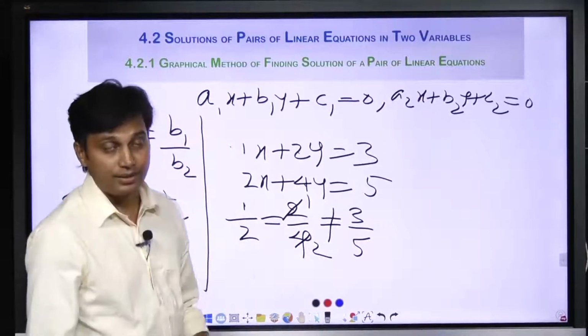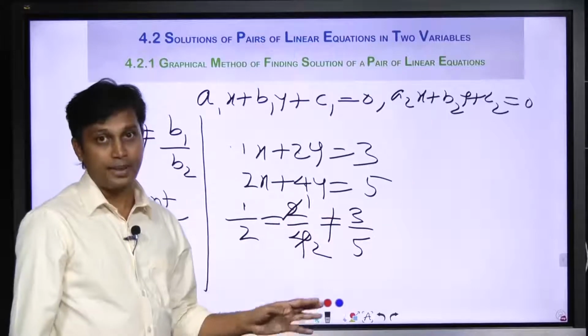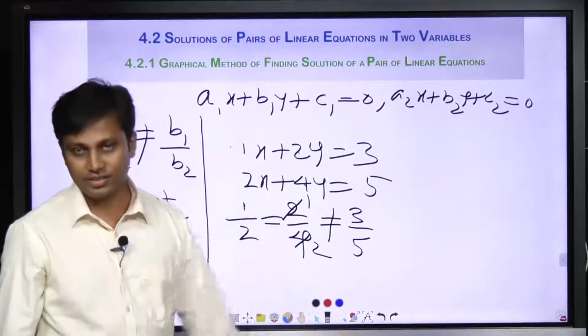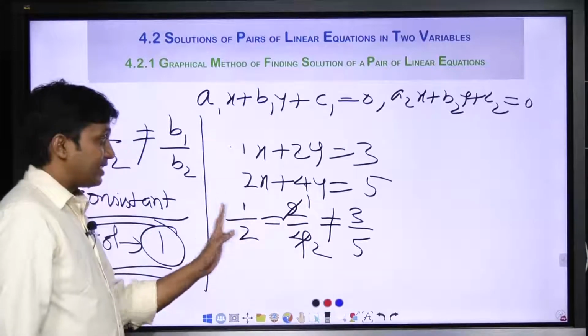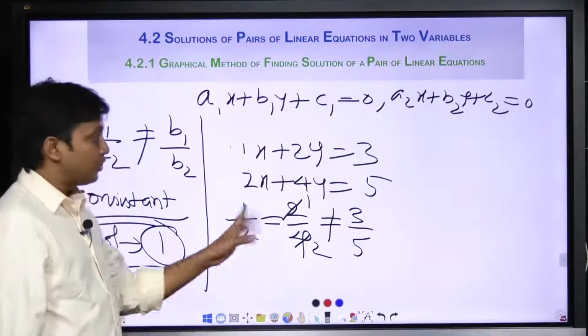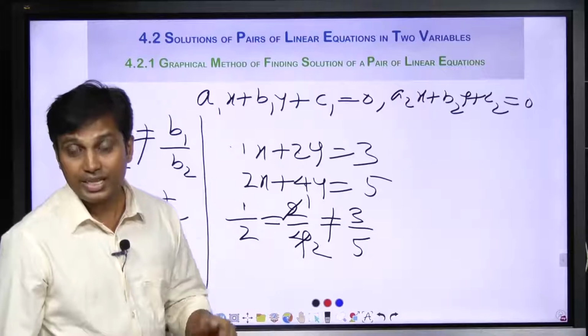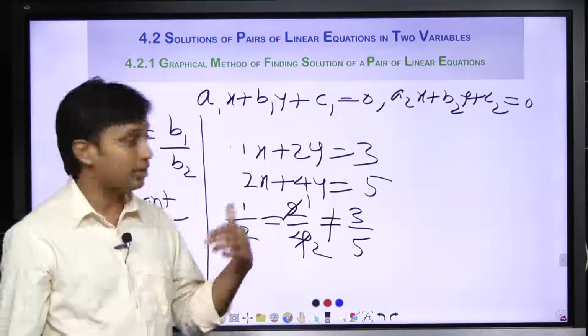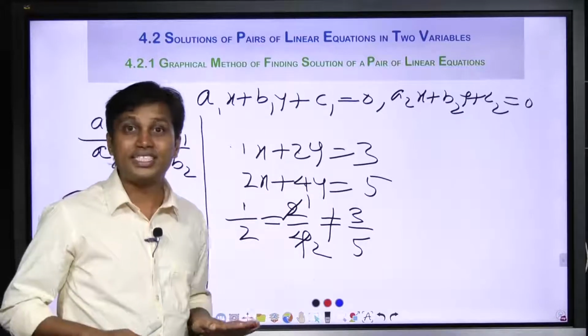So what did you observe? The ratio of coefficients of x is equal to the ratio of coefficients of y, which is not equal to the ratio of the constants for these two equations. Got it? So now this is the test of checking. These two equations are said to be inconsistent equations. How many solutions are there for this type of equations? As we said before, in the graphical method these two lines never meet.